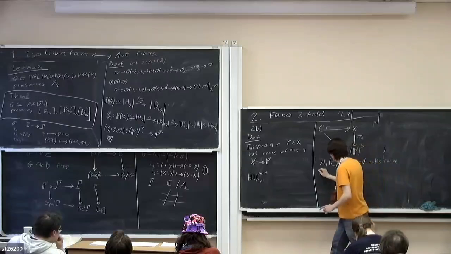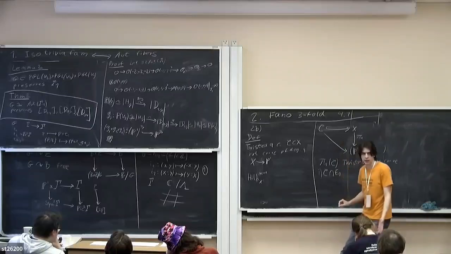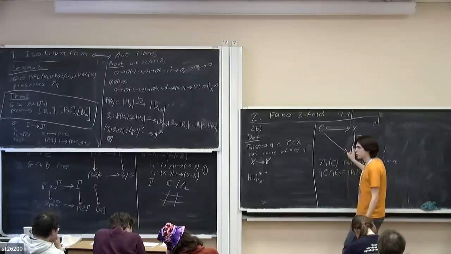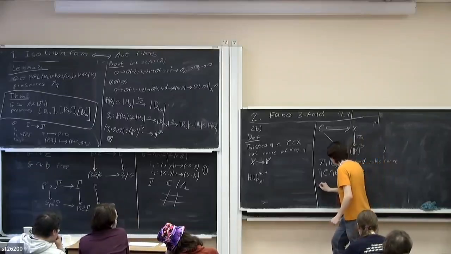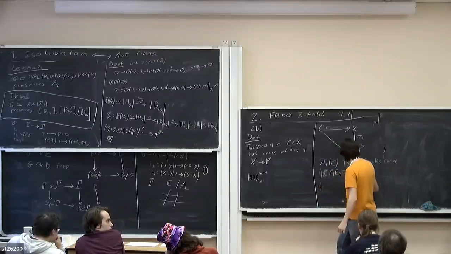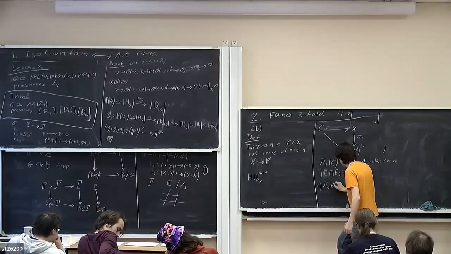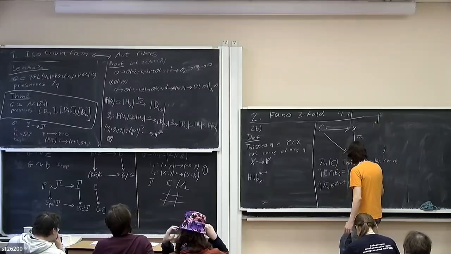Either the curve C will intersect the exceptional divisor E1 transversally, in which case this intersection will consist of 2 points, P1 and P2. Or this projection will contract a component of our twisted quartic curve.